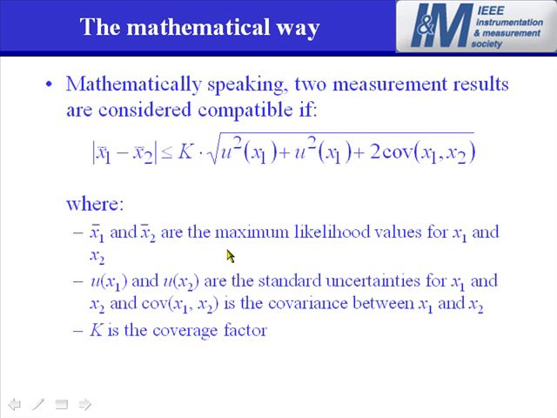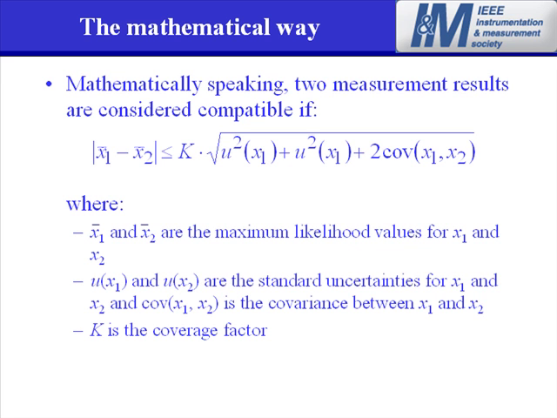Well, mathematically speaking, this concept is expressed by this relationship where x1 bar and x2 bar are the maximum likelihood values for the measured quantities x1 and x2. Well, they are the central values of the confidence intervals we have considered.